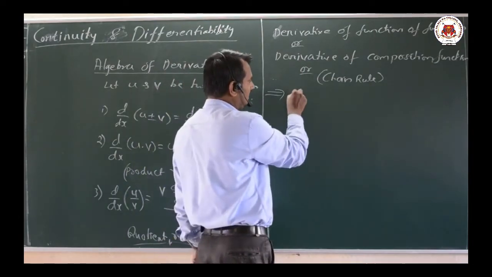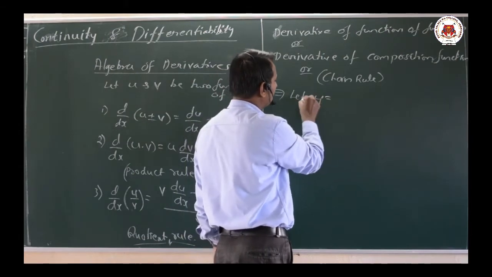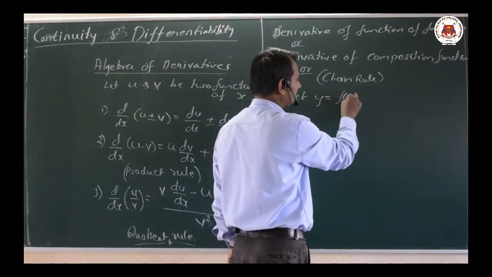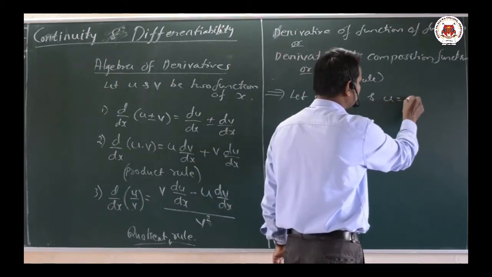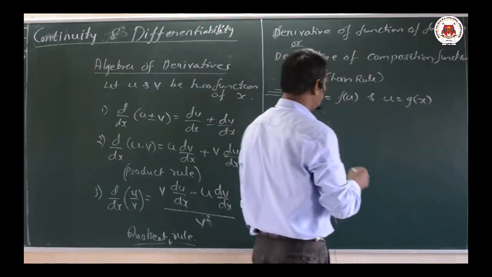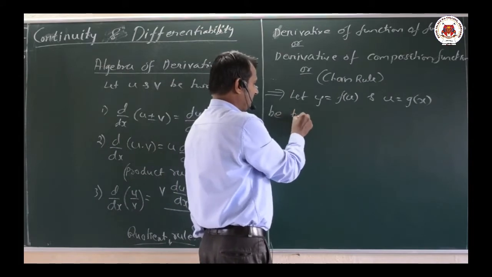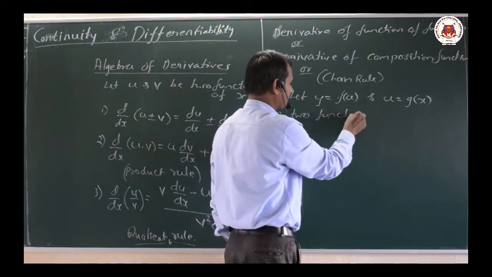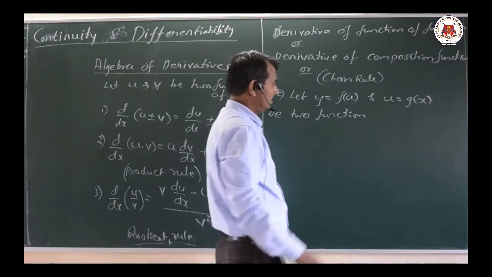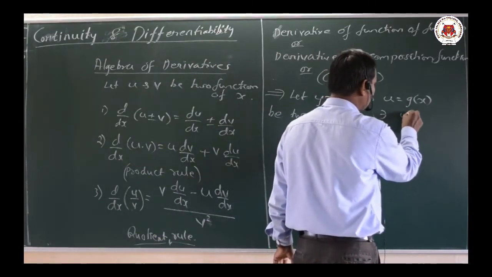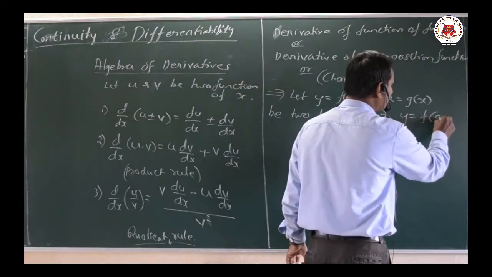First of all, let y equal to f of u and u equal to g of x be two functions, such that y equal to f of g of x.